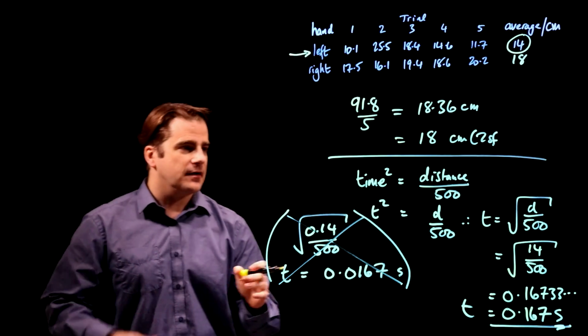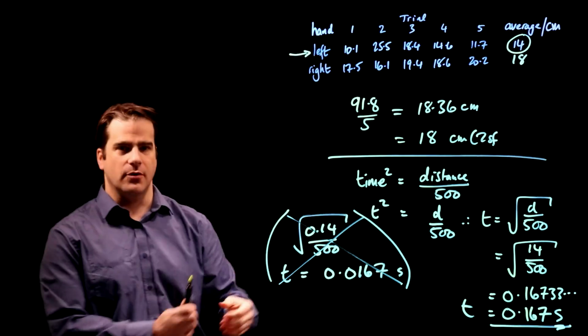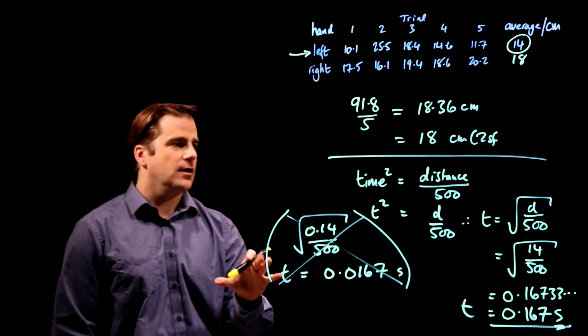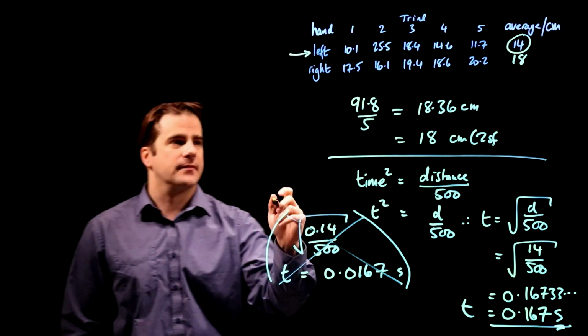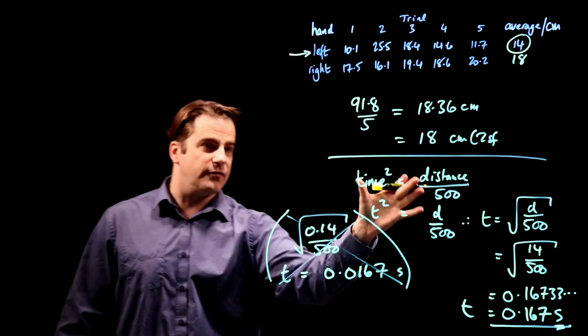Constant acceleration. And this is a constant acceleration question because when you drop the ruler, it's falling at 10 meters per second squared acceleration. I'll just show you where this formula comes from.